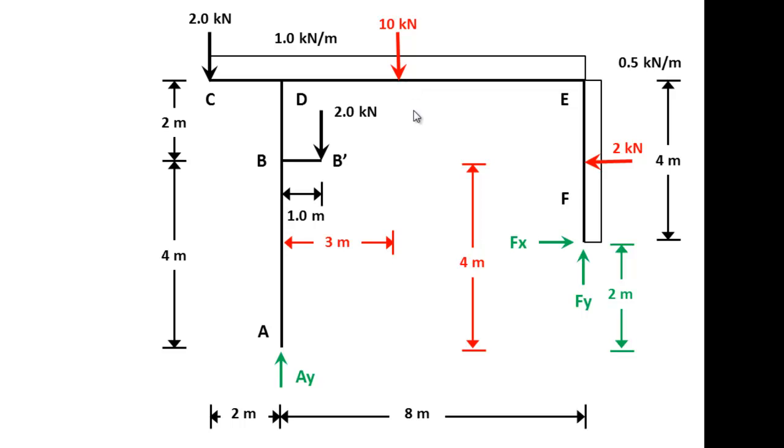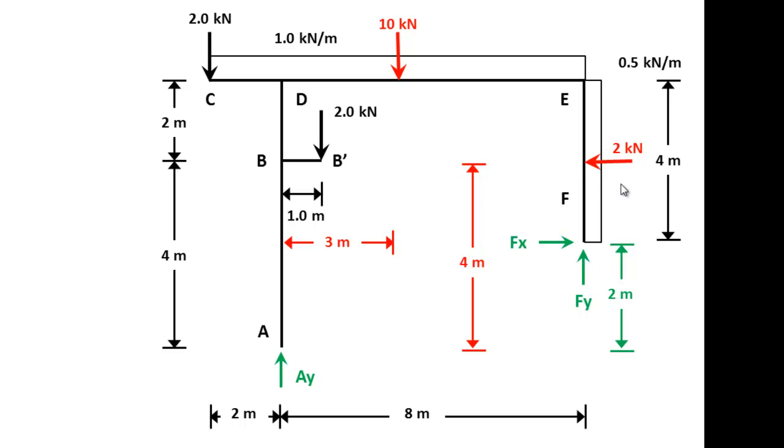The 10 kilonewtons is acting at a distance 3 from the member AD, or simply at the middle of the member CE, which is 3 plus 2, that's 5, because the total length of my member is 10.